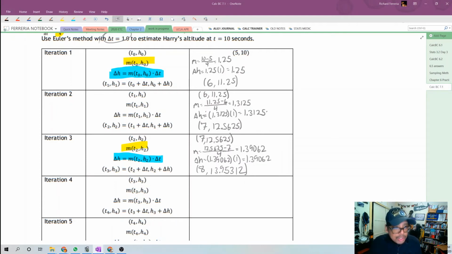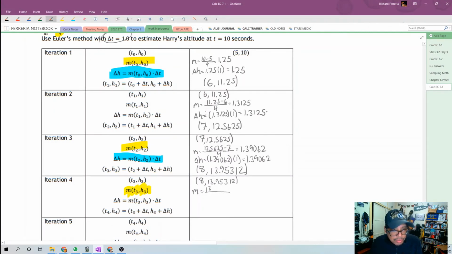Next iteration, we're just going to bring down that last iteration, which was 8 and 13.95312. And we're going to figure out the slope. The slope was the h coordinate minus the t coordinate divided by 4.